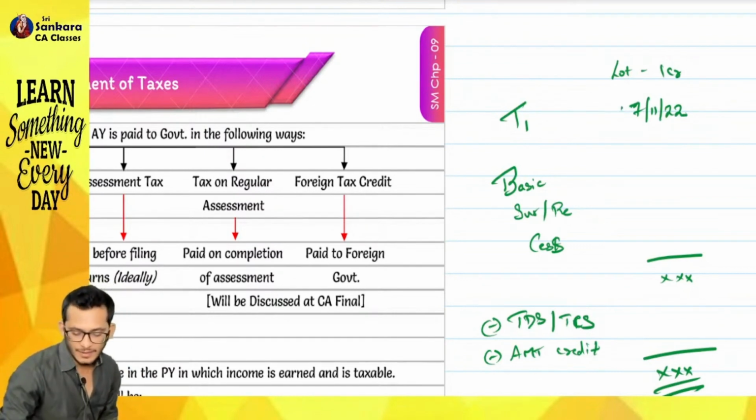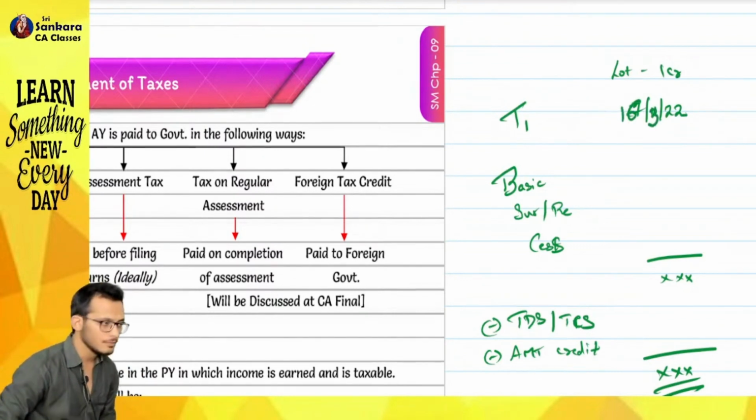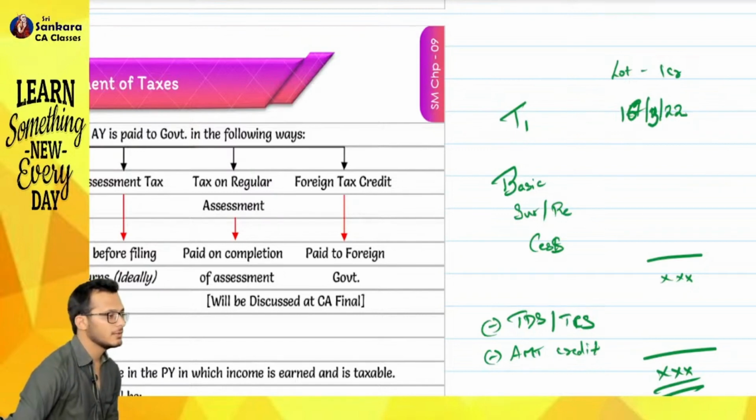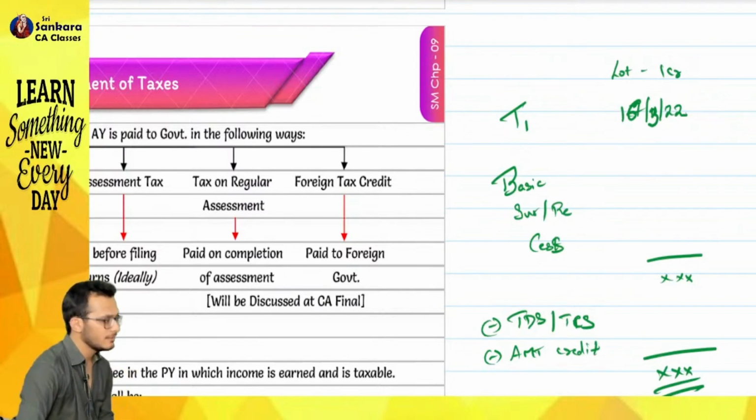Rahul, I received the income on 16th March. When should I make the payment? Before 31st March, very good. I told you, until 31st March it is still advance tax.